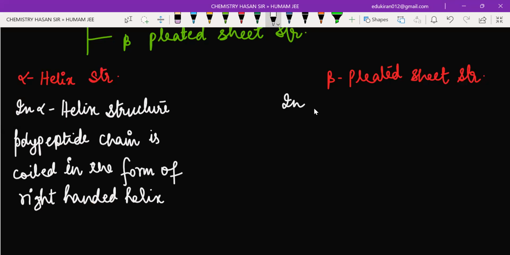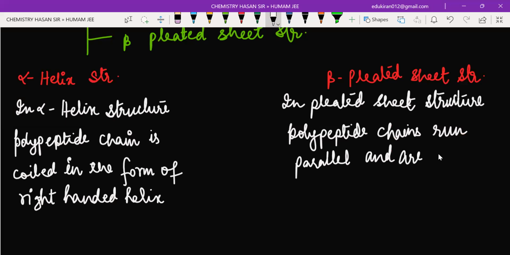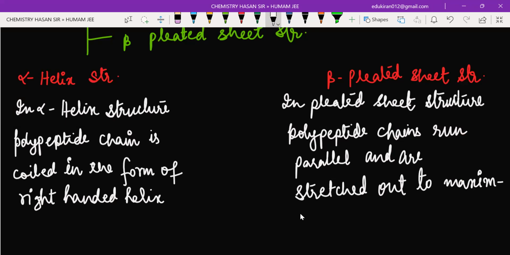And in beta pleated sheet, polypeptide chains run parallel and are stretched out to maximum extension to form a sheet-like structure.